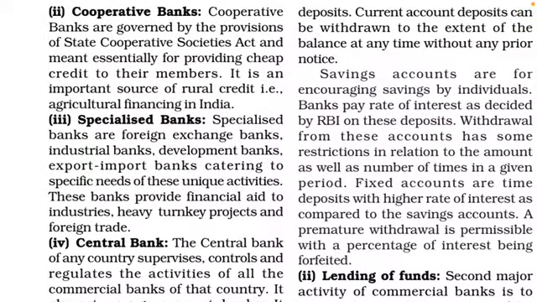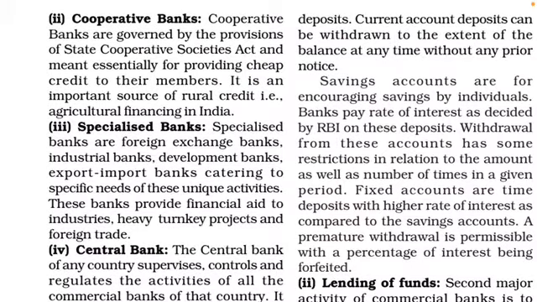It is an important source of rural credit, and this type of bank mainly operates in rural areas. Most of these banks are involved in agriculture financing in India, because a big part of the Indian economy is related to agriculture. So to raise the standard and provide strength to the agriculture sector, these banks play a very important role.